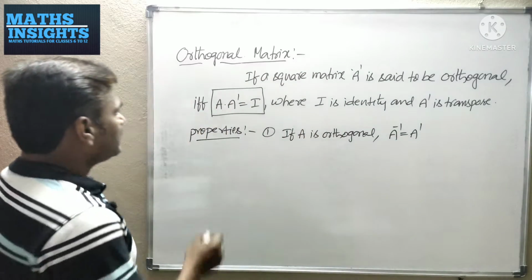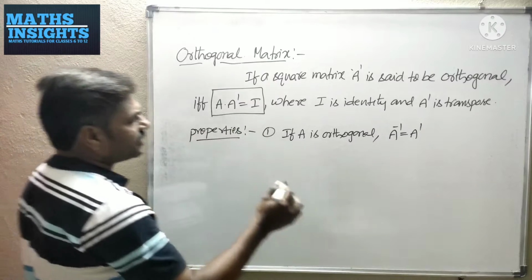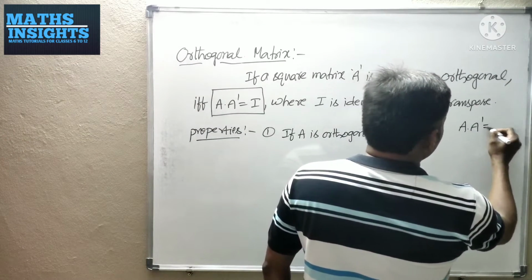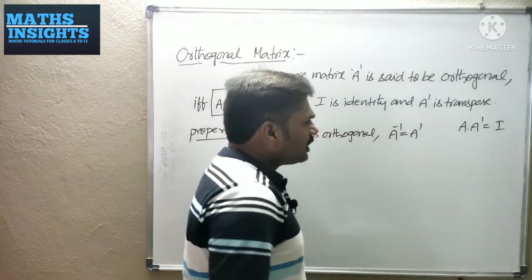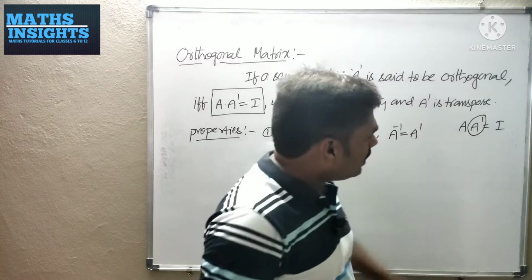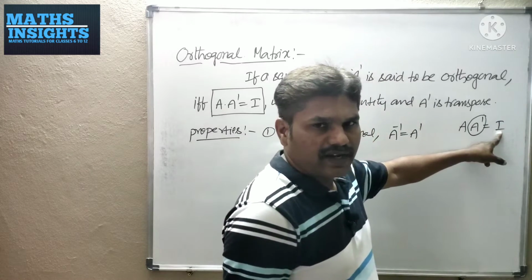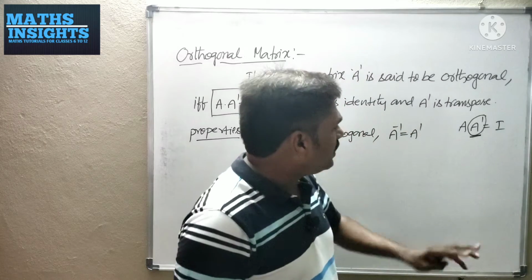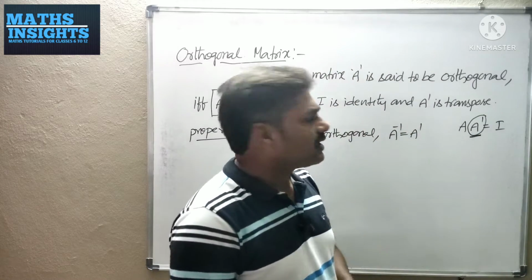How will it be? See, what is the condition to be orthogonal? A into A dash is equal to I. Your matrix A is multiplying with another matrix and your result is the identity matrix. Then whatever matrix comes here, that is called the inverse of the matrix A.